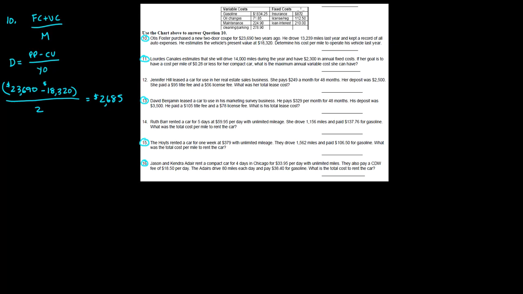So when we start adding in these fixed costs here, we have to add in $2,685 to the fixed costs. So if I add up all the variable costs, they add up to $2,409.90.